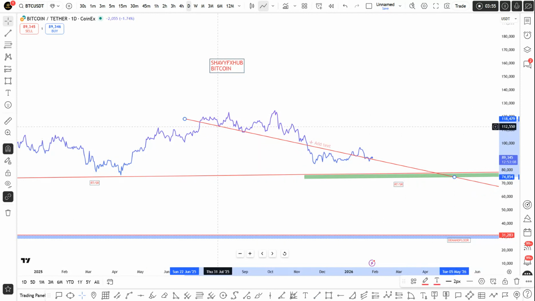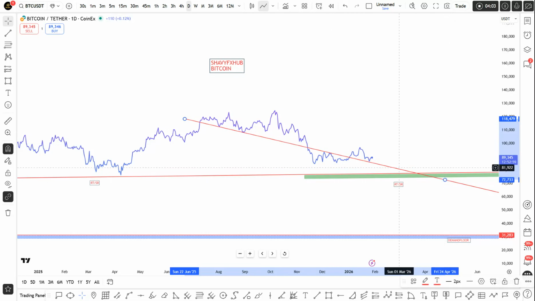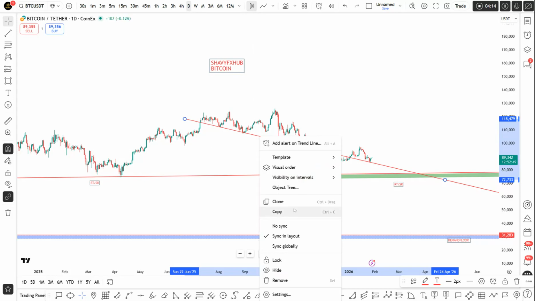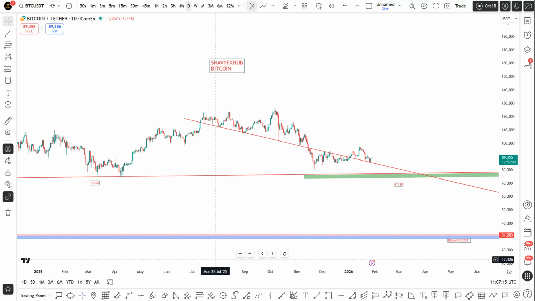In July we had support become resistance 1, support become resistance 2, support become resistance 3, breakout of structure followed by a retest, and you have seen what price has done there. Take it out, you see the price action, very clear and beautiful. I always tell you, market structure never lies.